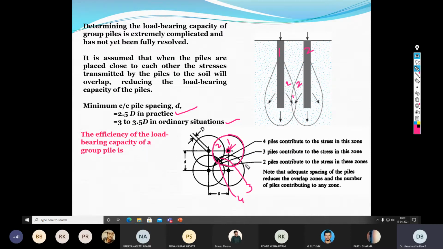This is the most important point, otherwise the central portion, just imagine, undergoes more settlement as compared with the peripheral soil. Say if this is the central portion of the soil and this is the peripheral soil, the central portion undergoes more settlement as compared with the outer peripheral soil, which is more dangerous and not advisable. It's not advisable. This is how.